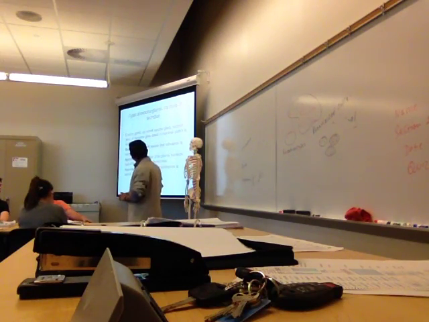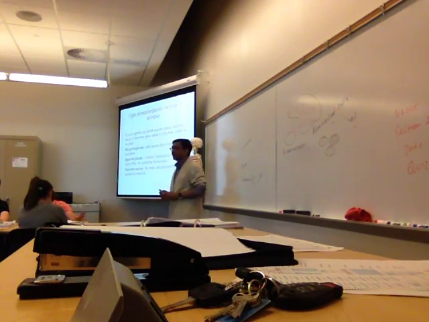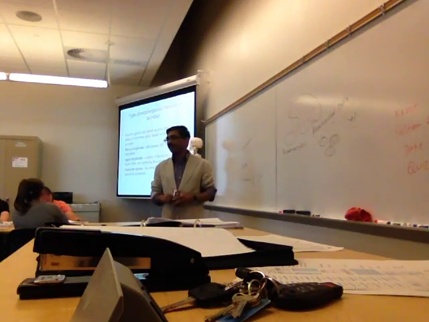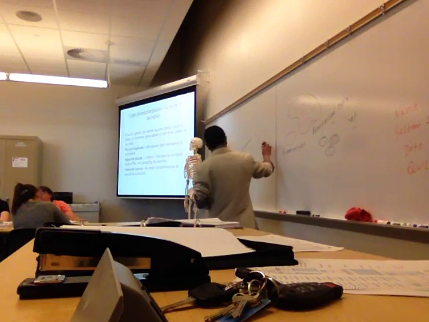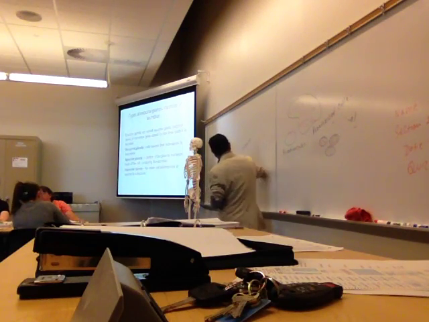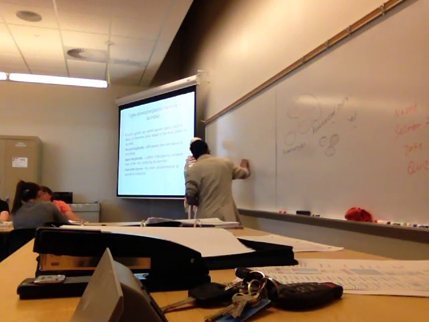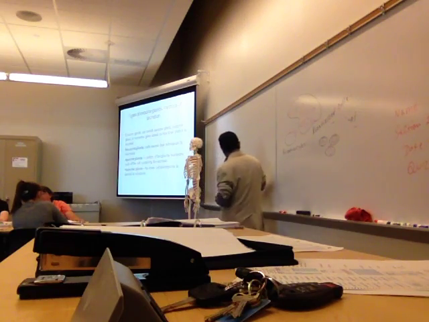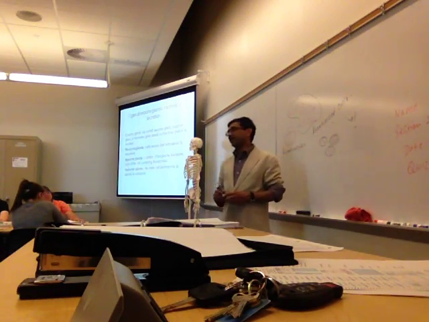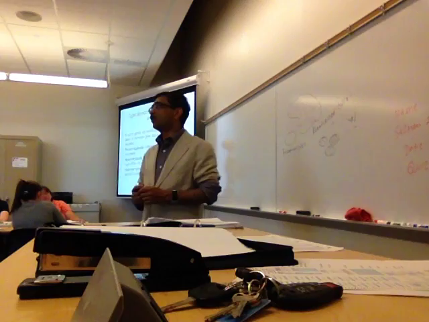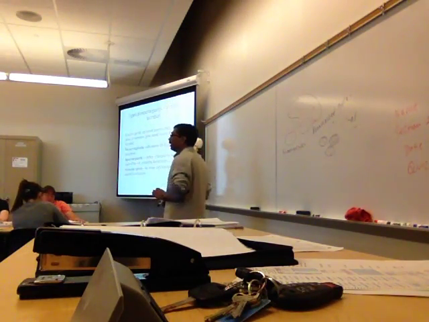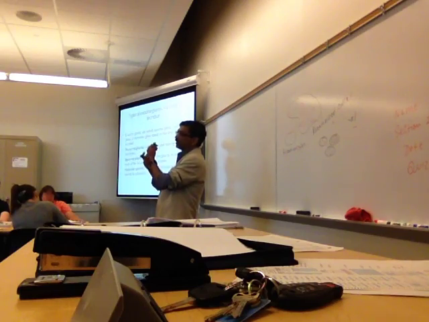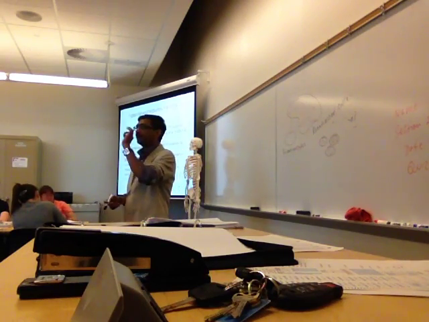Now we'll talk about the glands in the skin. Before we talk about the glands in our skin, I'll talk about the classification of exocrine glands. First remember that skin glands are exocrine type glands.